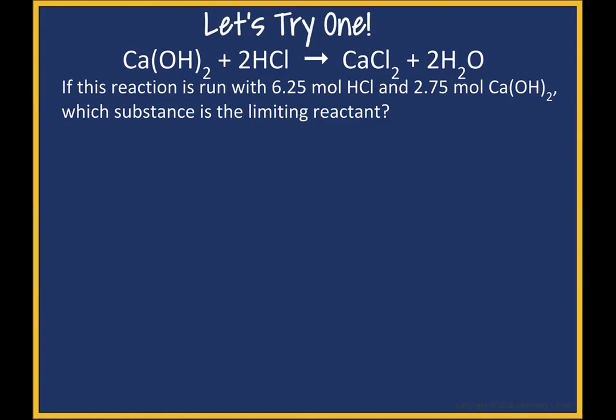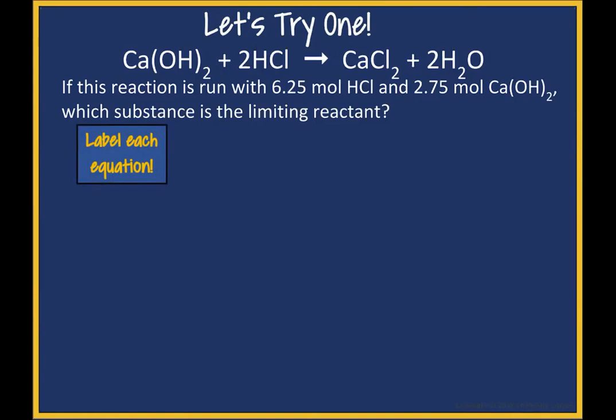Okay, so they gave us moles of both of the reactants, and which one's going to get used up first, and which one will we have some left over? Because you can see here that the coefficients are 1 to 2, and this is not just exactly 1 to 2. So one of them is going to be more.